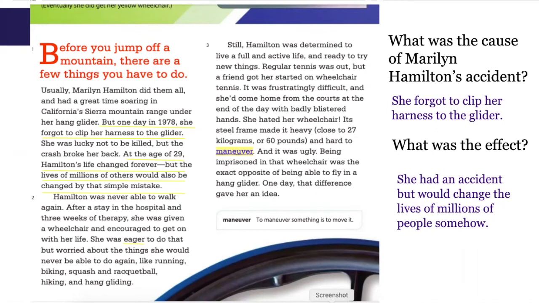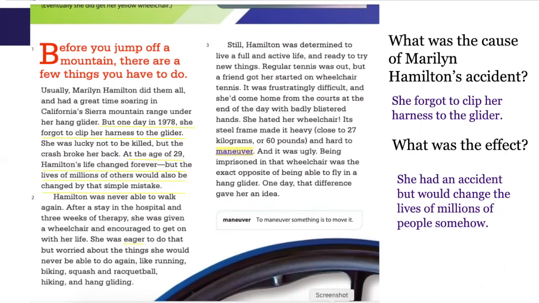Let's continue reading. Still, Hamilton was determined to live a full and active life and ready to try new things. Regular tennis was out, but a friend got her started on wheelchair tennis. It was frustratingly difficult, and she'd come home from the courts at the end of the day with badly blistered hands.